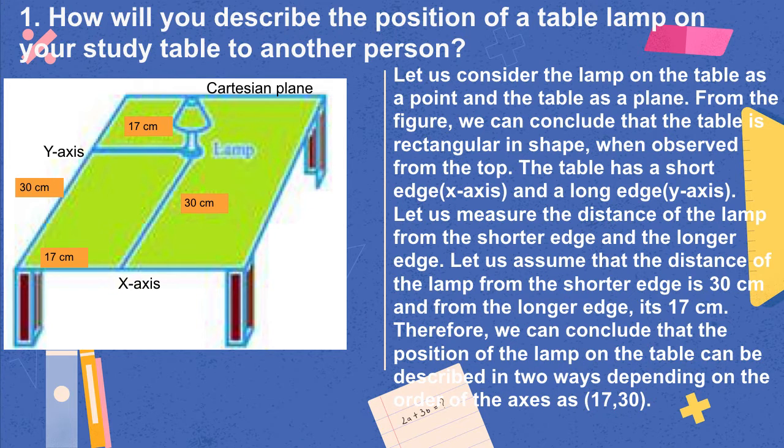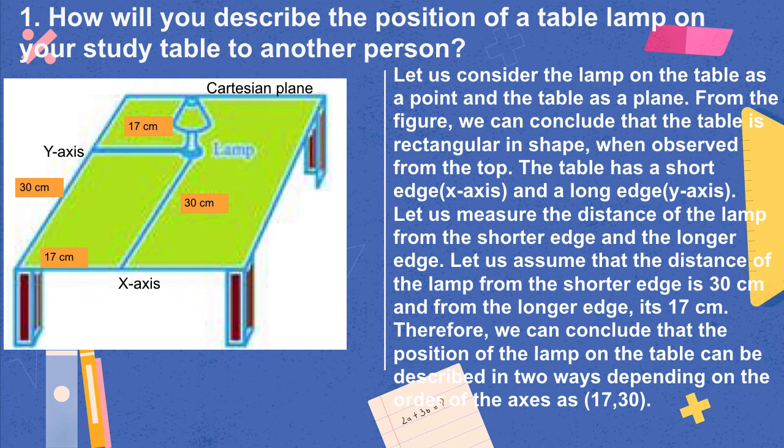So we can consider the table to be a Cartesian plane because it has two axes, the x and the y, and the lamp to be a point on that Cartesian plane. We have learned how to plot a point in the previous video.